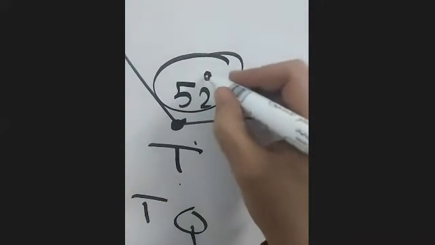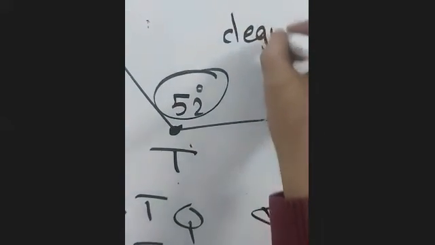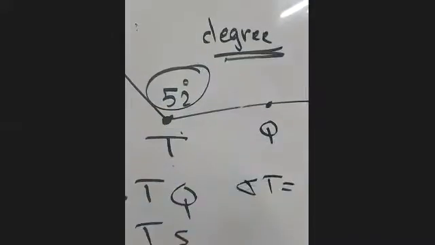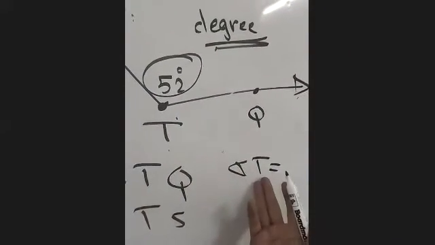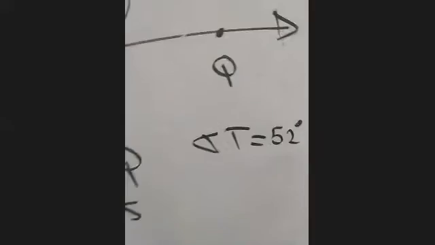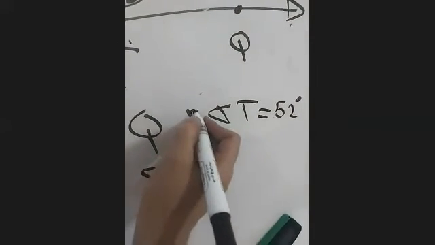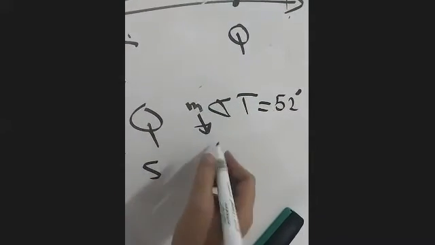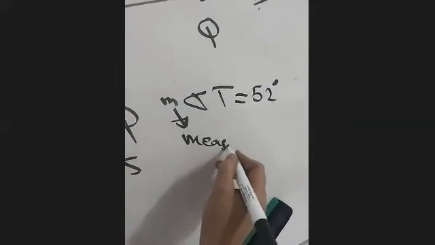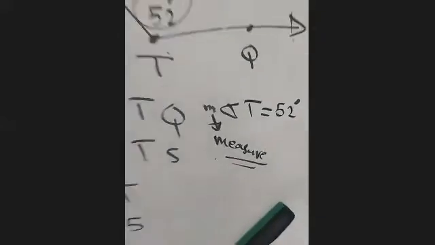This small circle up means degree, the measure of the angle, okay? So I will say the measure of angle T is 52 degrees. And M here, the letter M means the measure. So I know you know most of this information, but I want to just refresh your minds.